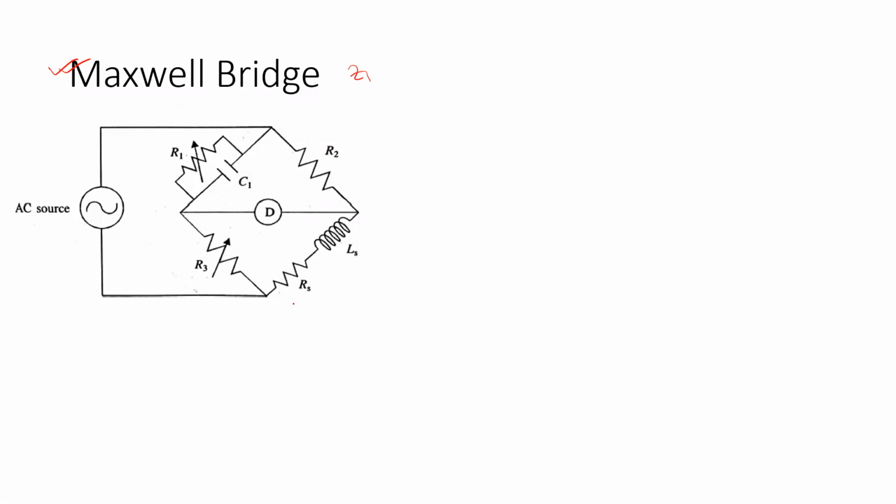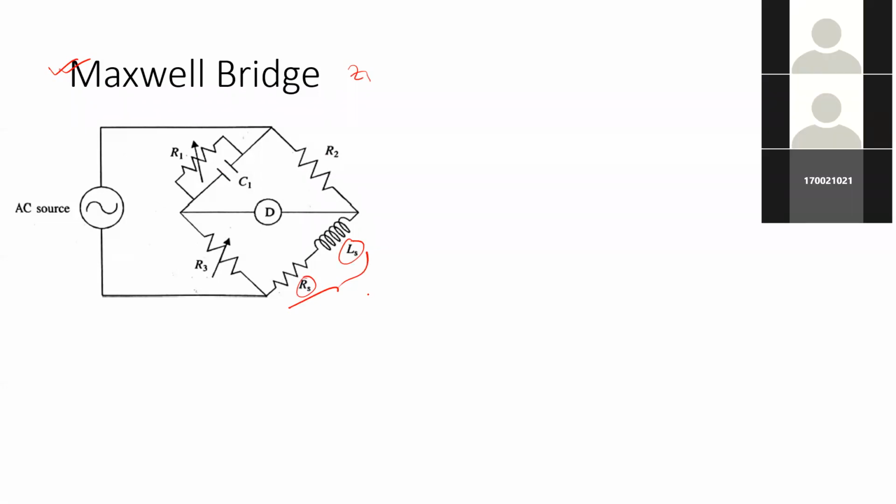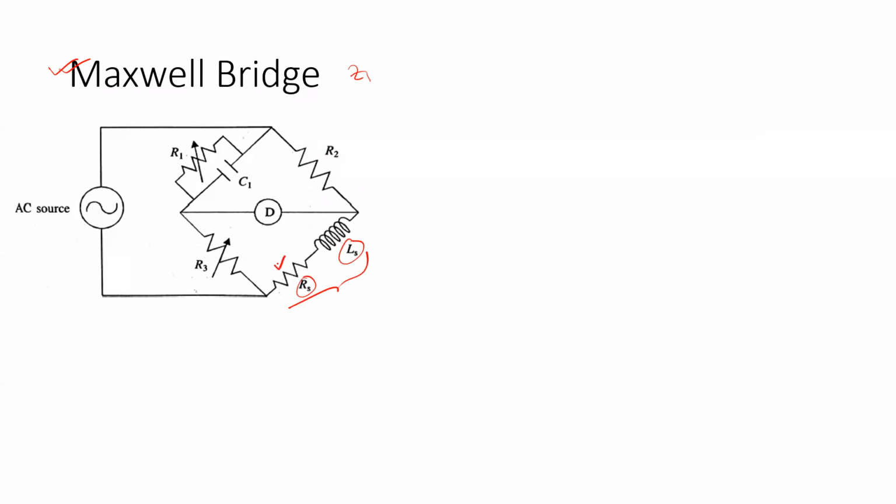This is our unknown arm, where we have put an inductor LS in series with a resistance RS. Now, this might not be a physical resistance connected in series with the inductor. It could be the parasitic resistance that is present in LS, because we cannot create any inductor or capacitor that is 100% inductive or capacitive.